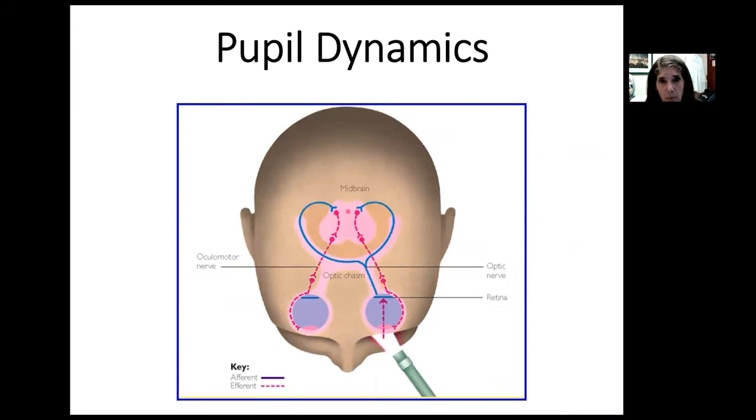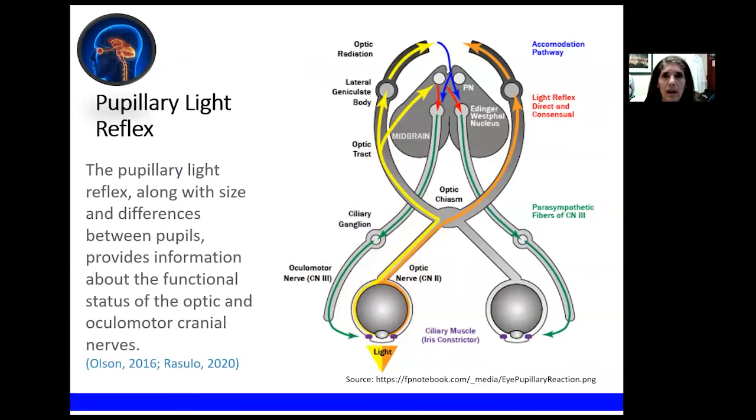Assessing the pupil is important, and it involves a relay between the eyes and the back part of the brain where the midbrain is. So when we flash a light in the eye, the light will be captured by the optic nerve. In yellow and orange is the optic nerve here.